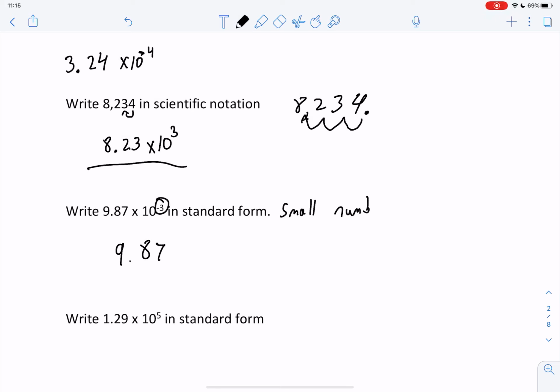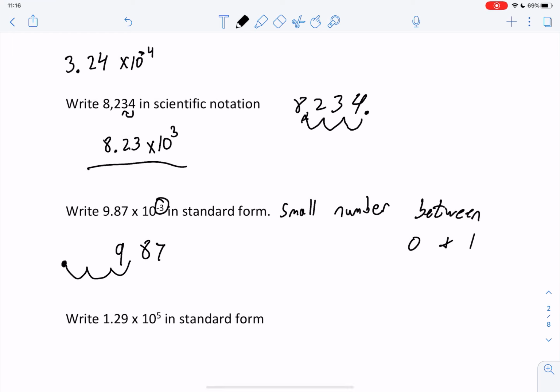Right? So if we go this way, that's going to make a really big number. So we don't want that. And it's always going to be a small number between 0 and 1. Okay. So knowing that negative 3 is going to make it a small number, we move it over 1, 2, 3.